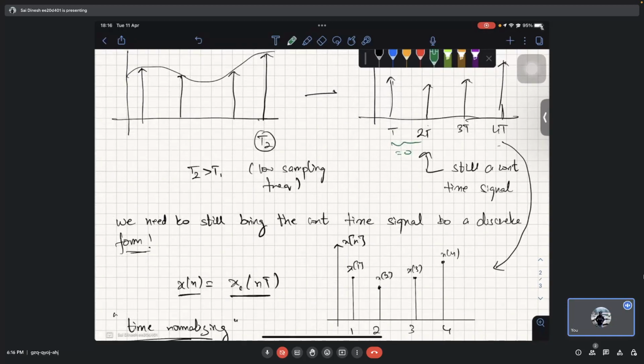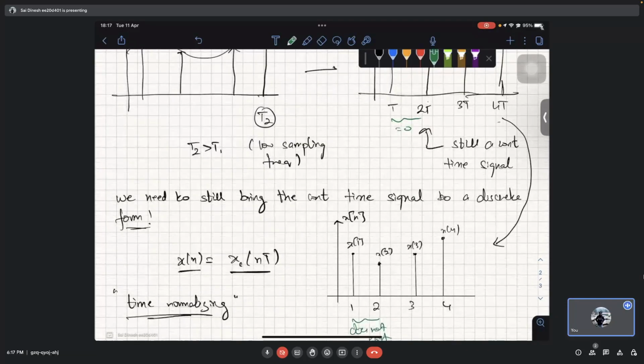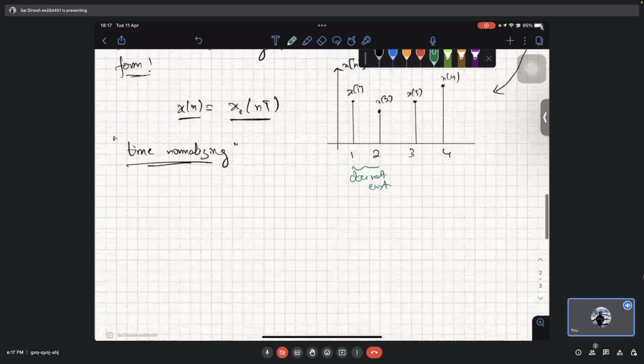So this is how we move from a continuous time signal to a discrete time signal. First we have a continuous time signal, we multiply that with an impulse train, and then we get a weighted impulse train where the values of the impulse train, the samples, are equal to the values of the continuous time signal sampled at those particular time instances, and then we move that to a discrete form, right?